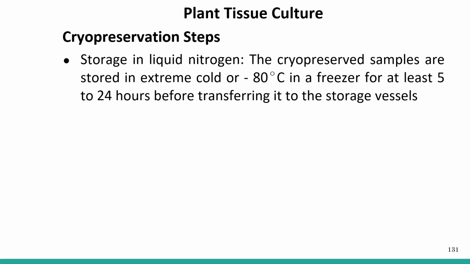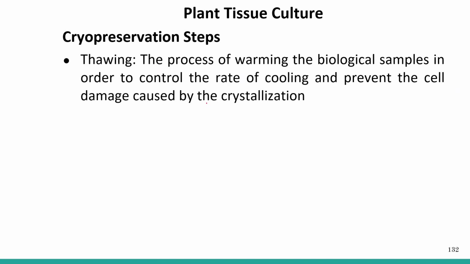Storage in liquid nitrogen. Now comes the storage of this particular medium. The cryopreserved samples are stored in extremely cold conditions, that is -80 degrees centigrade, in the freezer for at least 5 to 24 hours before transferring to the storage vessel. So earlier it is kept at -80 degrees centigrade in a freezer for at least 5 to 24 hours, and then it is transferred to the storage vessels.